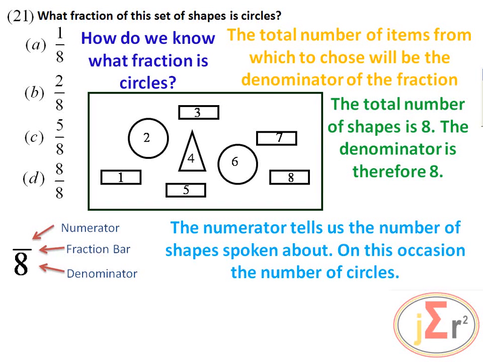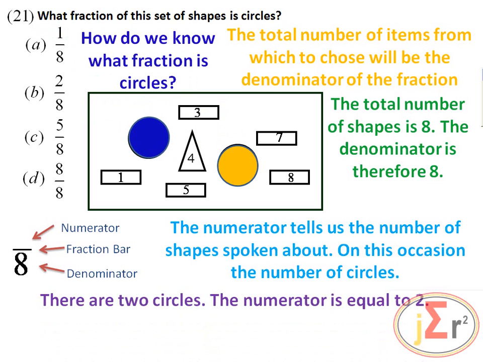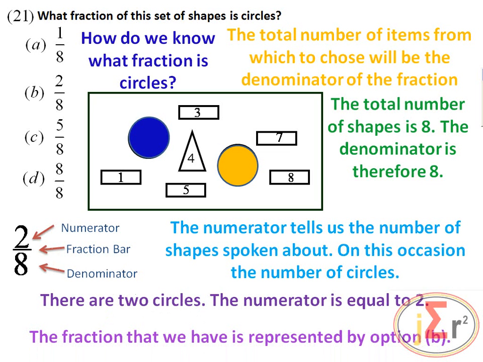How many circles do we have there, Jerry? 2. We only have 2. There we have them. 2 circles. The numerator is equal to 2 for those 2 circles. The fraction that we have is represented by option B, which is 2/8.